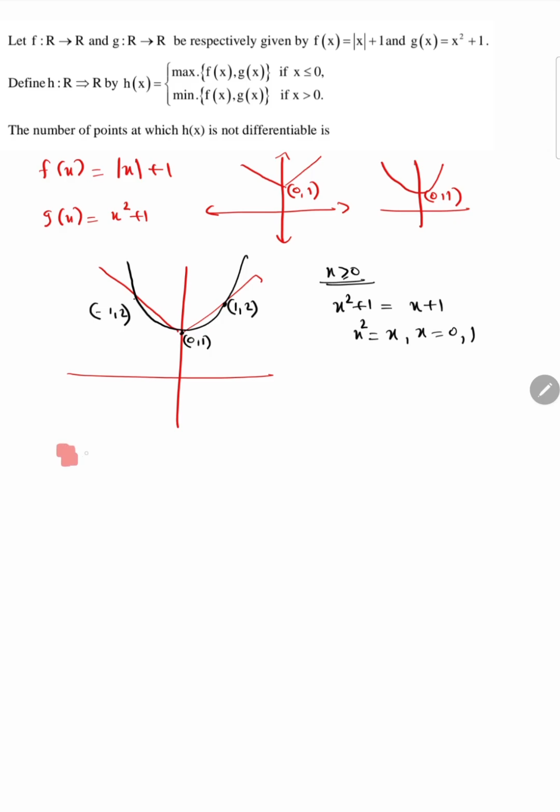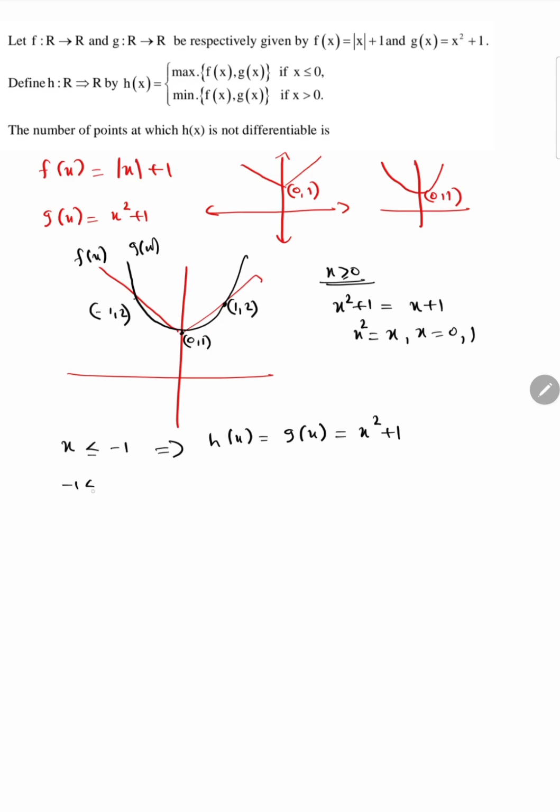When x is less than or equal to minus 1, it is clear that this is g of x and this is f of x. Which is maximum? g of x is maximum because g of x is above f of x. Then h of x will be g of x. Now who is g of x? g of x is x square plus 1. So that we got.